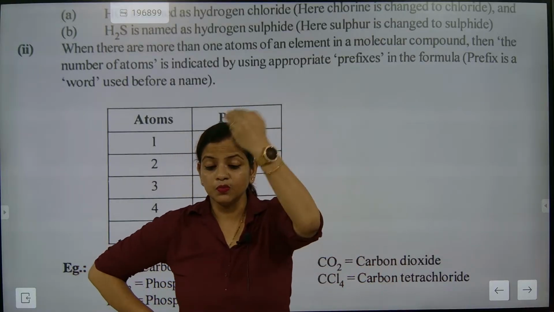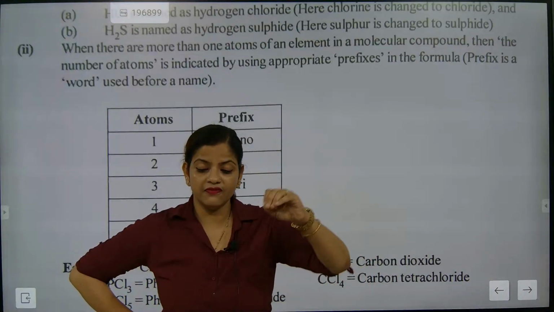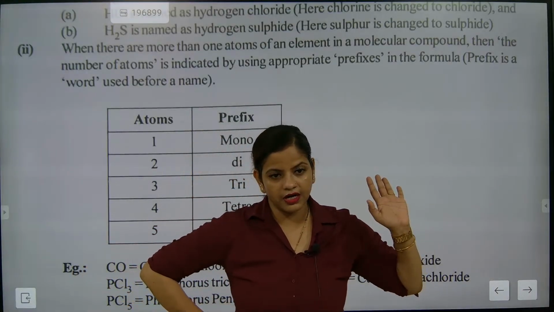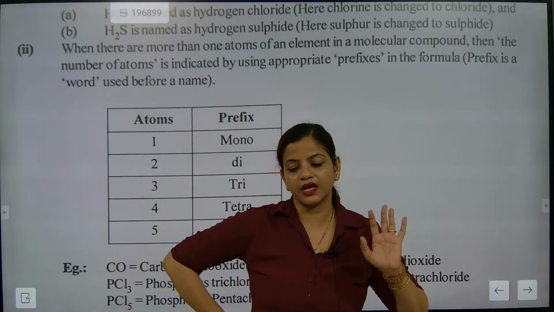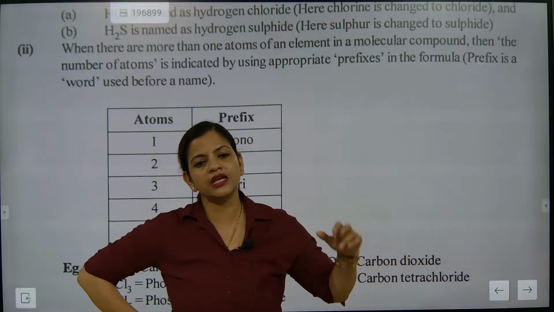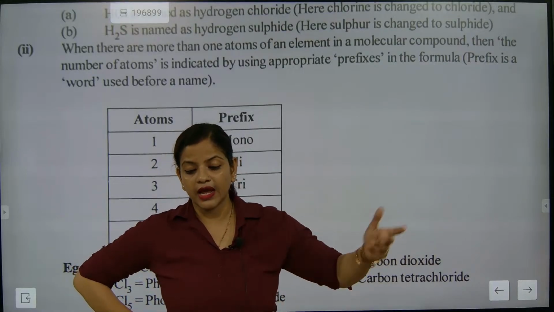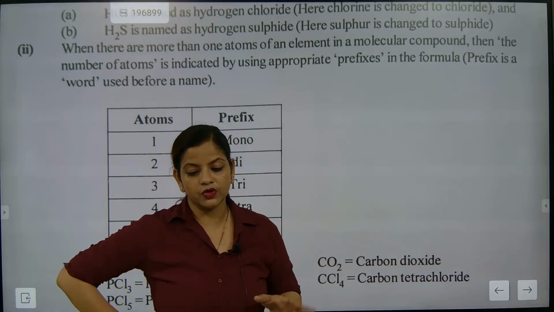The name is given according to the more electronegative one. Among hydrogen and sulfur, sulfur is more electronegative and is presented last, so ide: sulfide, chloride, bromide, iodide, oxide.